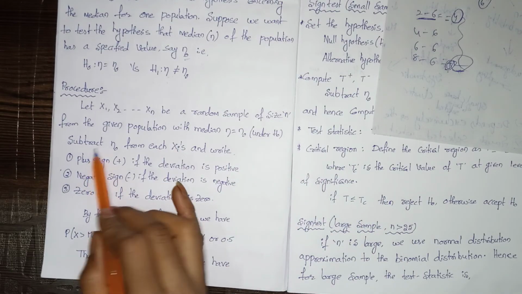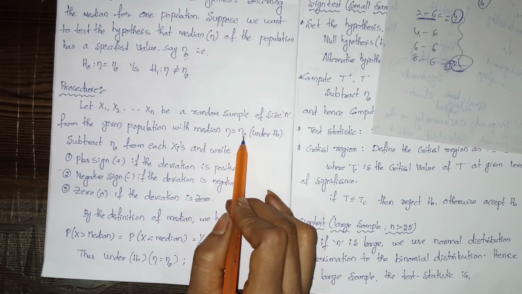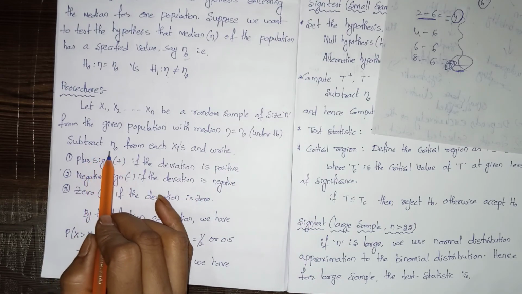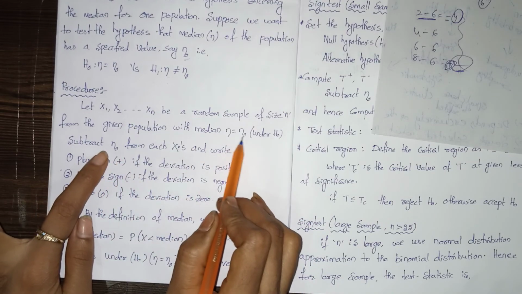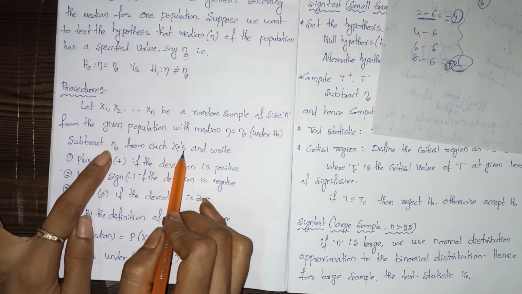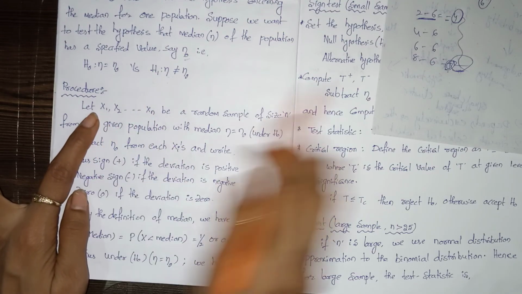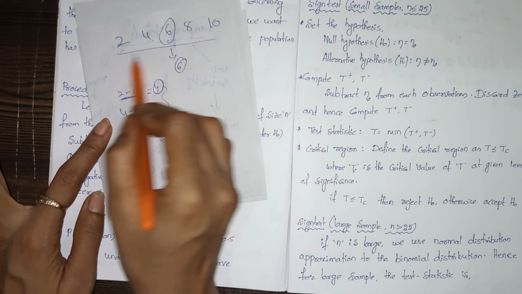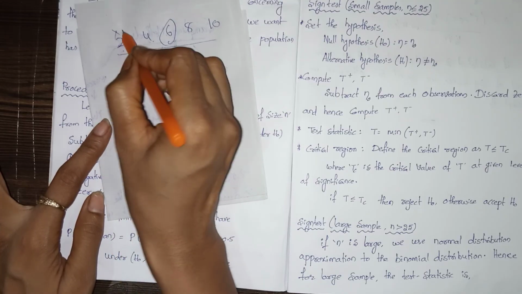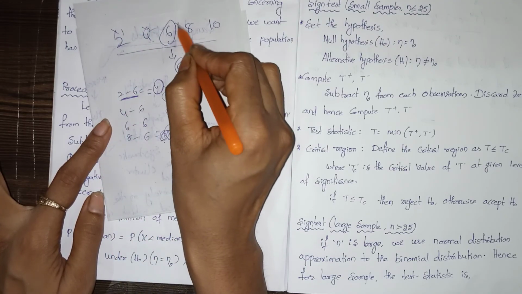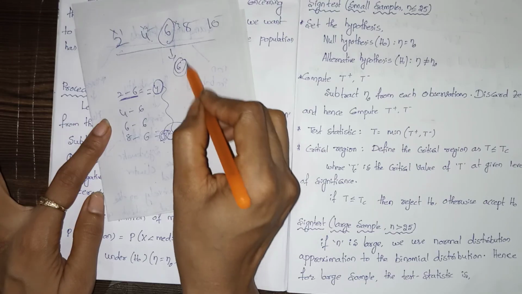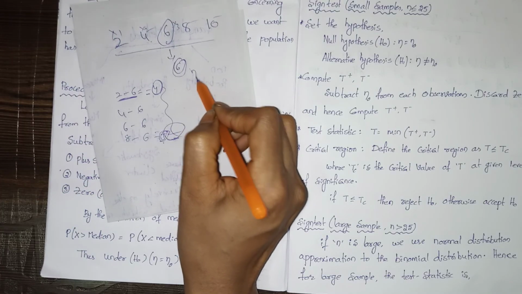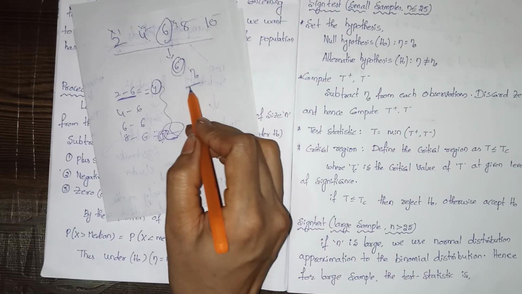Now what we have to do is subtract this median value from each observation, x1, x2, x3 and so on. Here x3 is nothing but eta 0 according to this example.